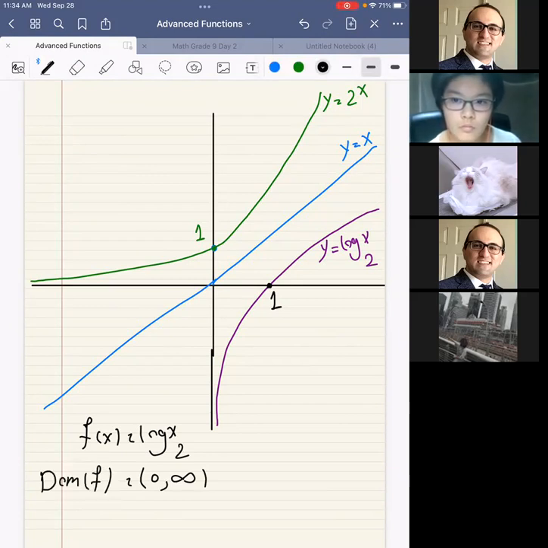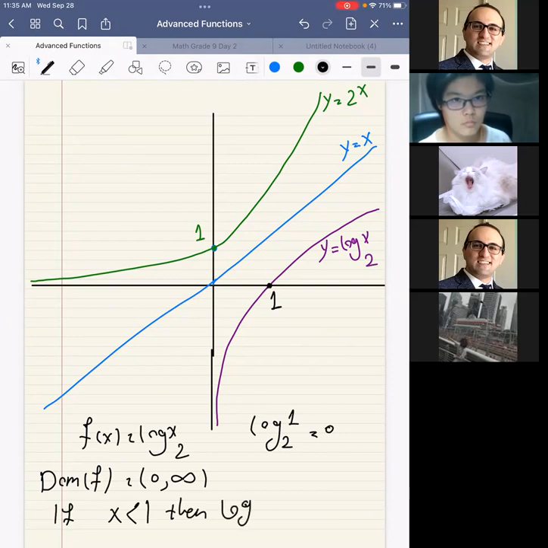And then it's also important to notice that log of 1 is 0. If x is less than 1, then log x is negative.